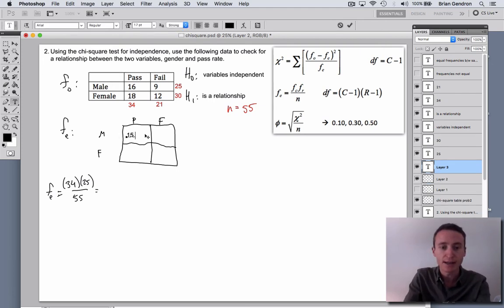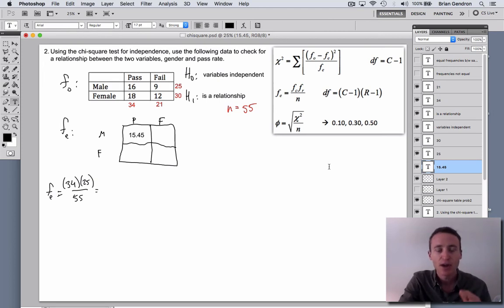I'm going to plug that in right here. So 15.45 would be the frequency you would expect for males who passed the class, assuming the null hypothesis is not true, meaning there's no relationship between gender and pass rate. This is the frequency you would expect in that cell, the males who passed the class, 15.45.